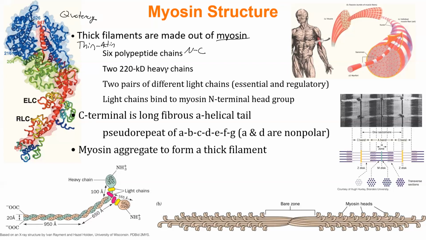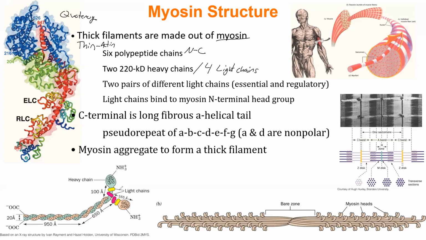So you have 2 heavy chains and therefore 4 light chains. And these words heavy and light are referring to weight. And so if we go to the picture on the bottom left here, we can get a better idea of how these heavy and light chains interact.